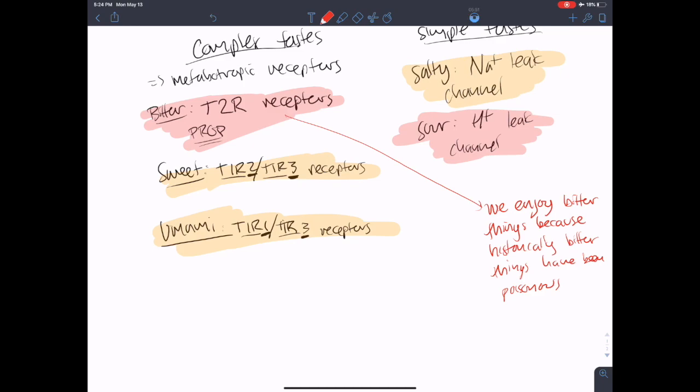But as it turned out, certain things like alcohol and coffee have these other effects, right? So at low doses, at doses that aren't lethal, things like coffee make you awake, and things like alcohol make you have a good time, or whatever alcohol does for you. So what we think is that people don't really enjoy bitter because they enjoy bitter. They enjoy bitter because of the other things that come with drinking bitter beverages or eating bitter foods. So, if you really enjoy IPAs, you might want to take a look at why you enjoy them.